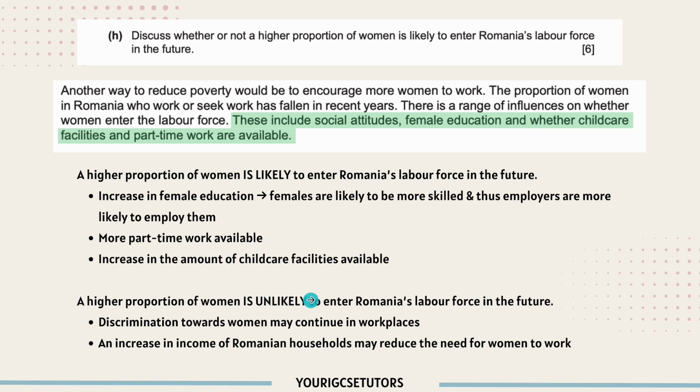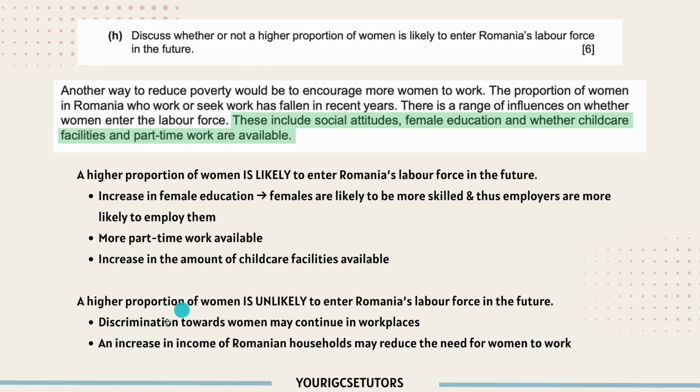Okay, so in contrast, a higher proportion of women is not likely to enter the labor force in the future, and this may be because there's some discrimination towards women, and this could continue in the workplace, and this would discourage women from finding work because they're not being respected, and this can be quite discouraging.